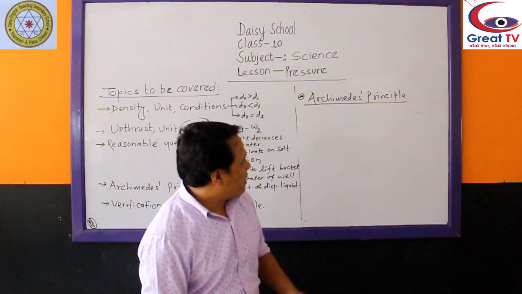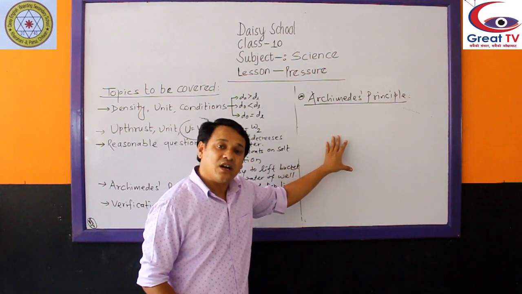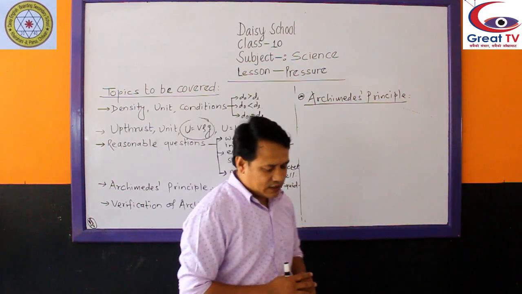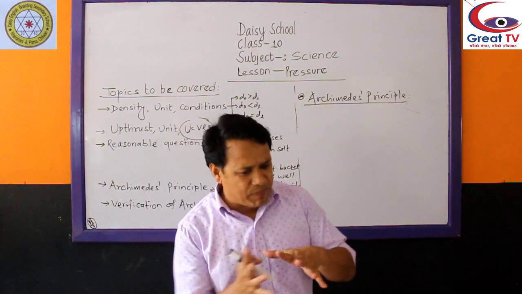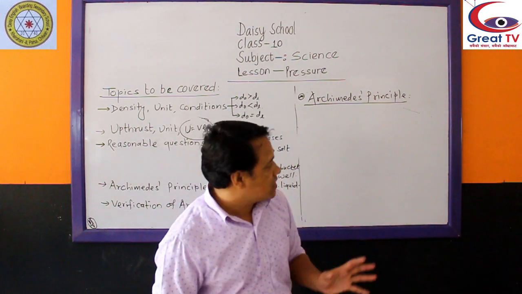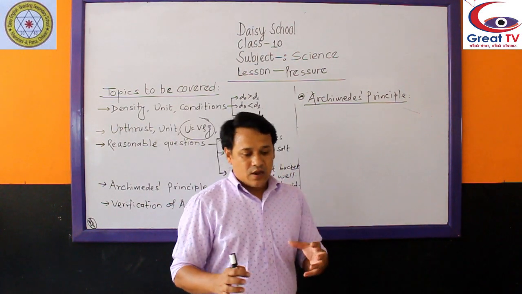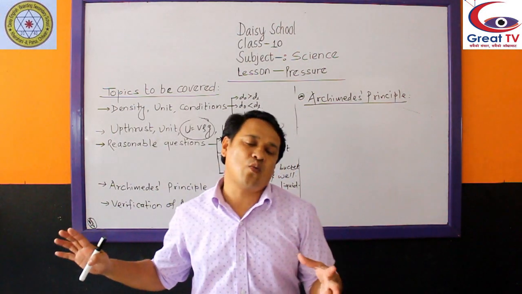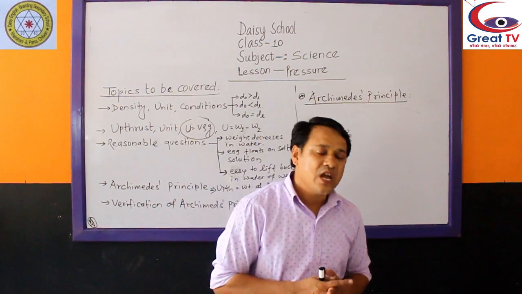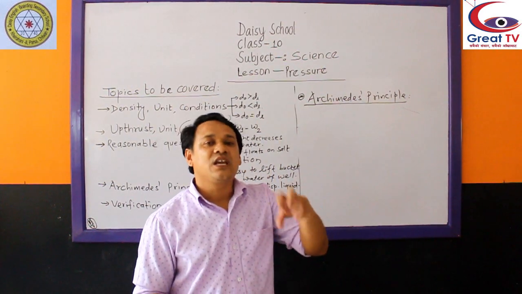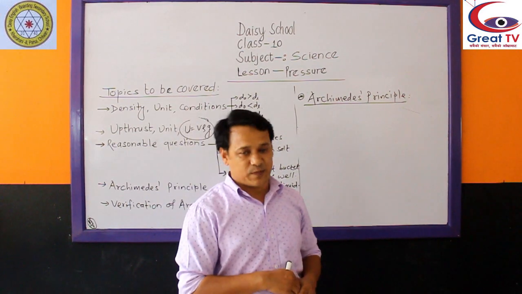But Archimedes established another fact here. He said that whether the object is completely or partially immersed in liquid, it gives upthrust, and this upthrust is equal to the weight of displaced liquid.